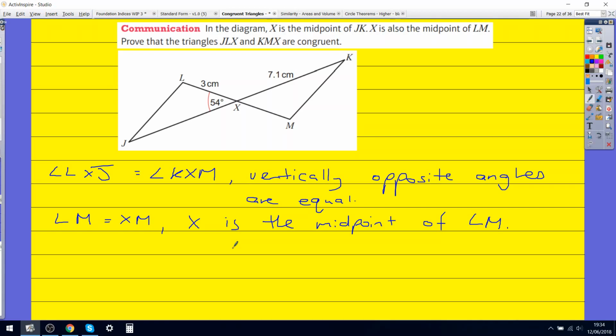We just have to say that they're the same. If corresponding sides are equal, the corresponding angle is equal, and the corresponding side is equal, then they are congruent. In this one they gave no numbers whatsoever, and you would just do the same thing, side angle side.